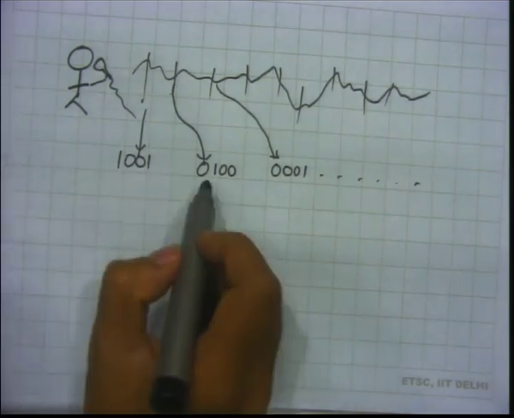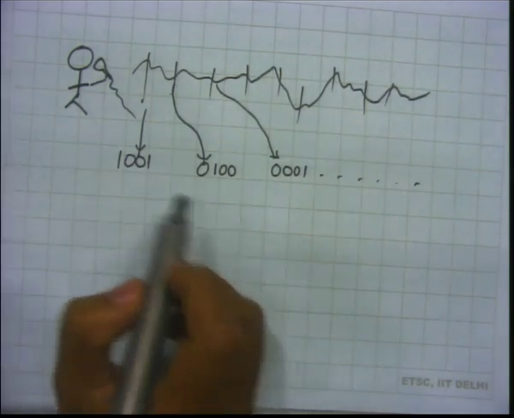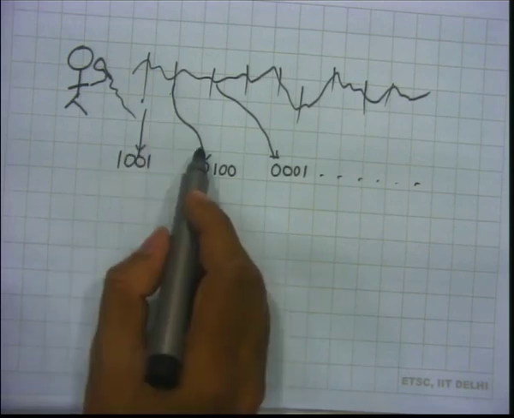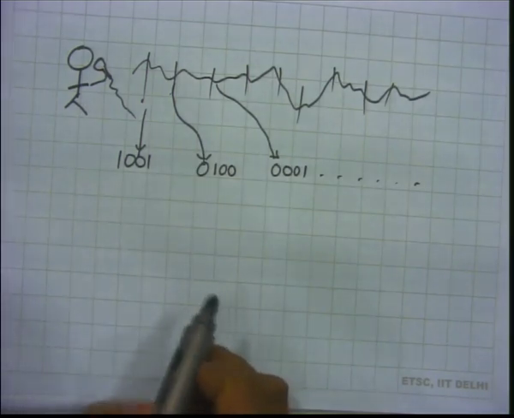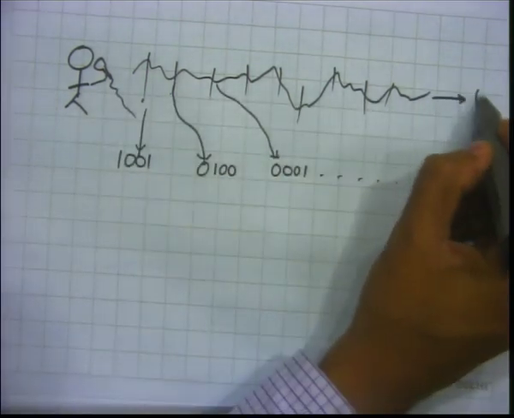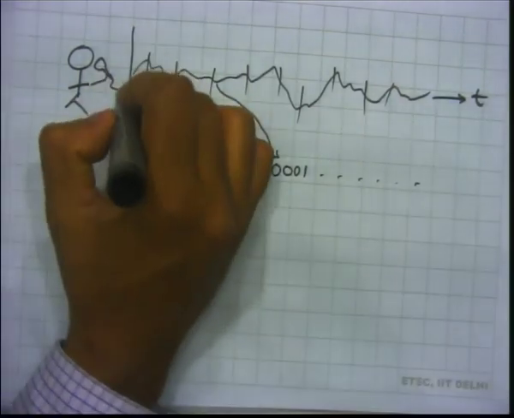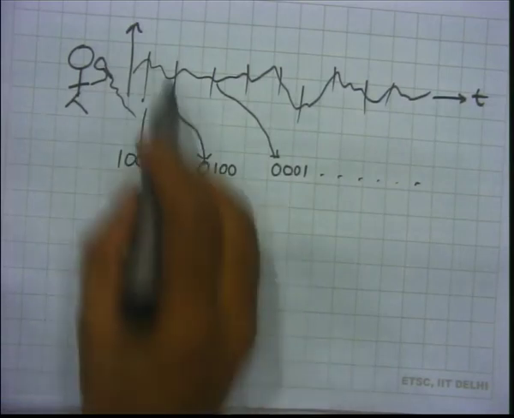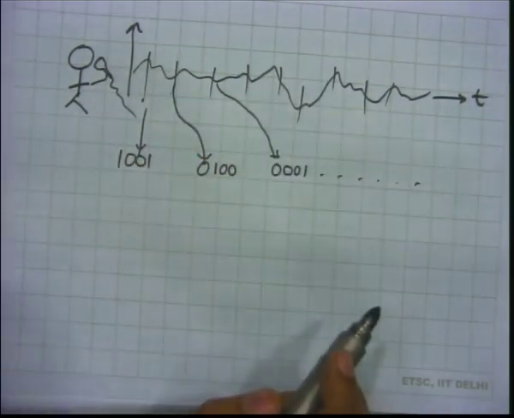Well, to compress, we have to find out, is there anything which is more frequently occurring vis-a-vis less frequently occurring. So, we observe the waveform in time, and we look at the amplitude, and we are curious because it is random.